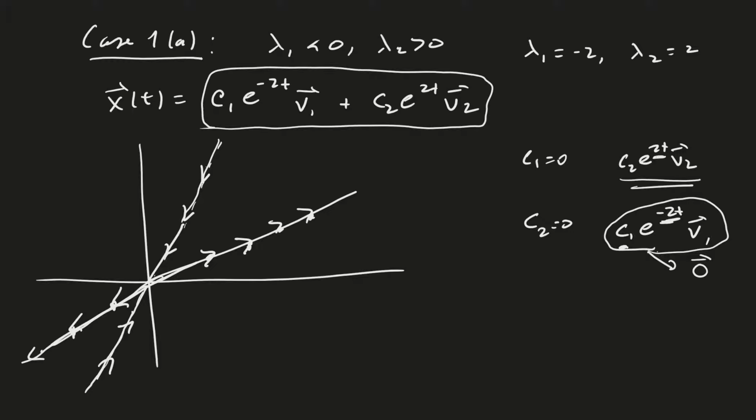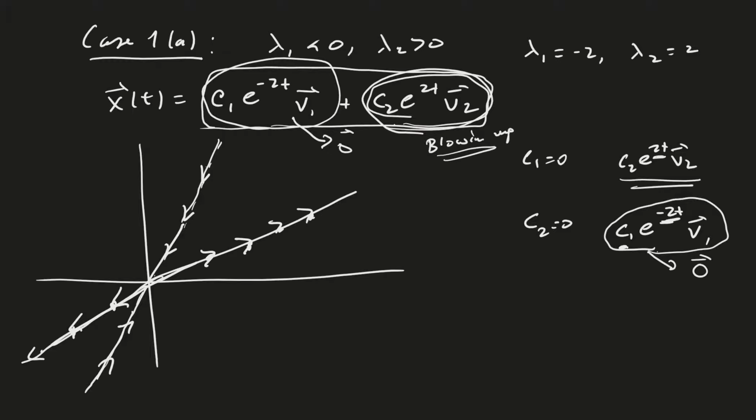Right, so looking at c1 and c2, this term is going to 0, but this term is blowing up. And so therefore, all your other solutions are going to be blowing up in the direction of v2.